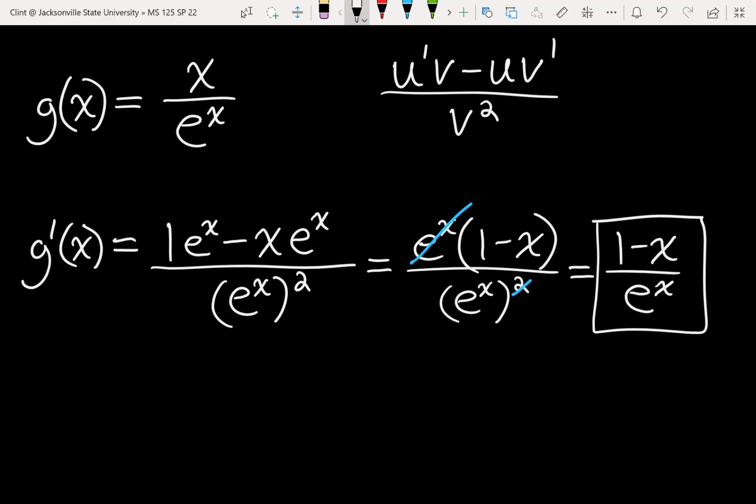A case where it would be really nice, instead of leaving it like this to get to this, is if we have to find the second derivative. Then it's easier to work with this than this because this has product rule involved. Don't always necessarily have to simplify, but sometimes it's really helpful.